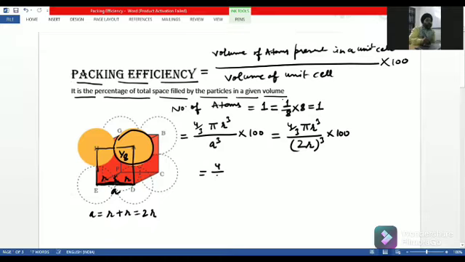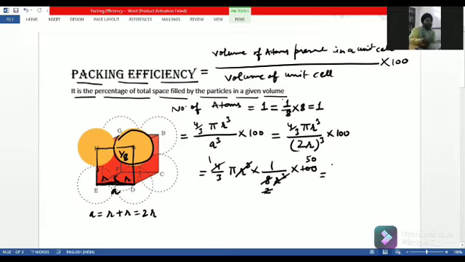Now 4/3 pi r cube multiplied by 1 upon, when you cube this, you will get 8r cube, then multiplied by 100. Now we can cancel r cube with r cube. We can cancel 4 and 8, so we'll get 2 here. We can cancel 100 with 2, so we'll get 50 here.